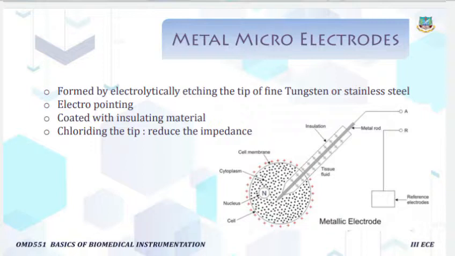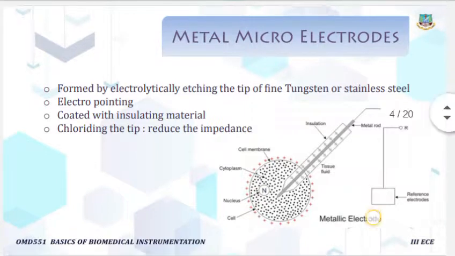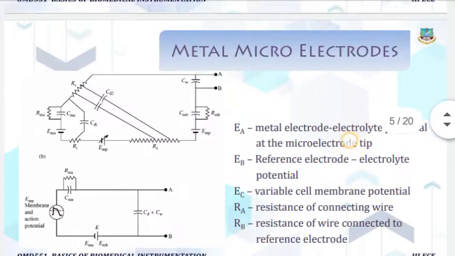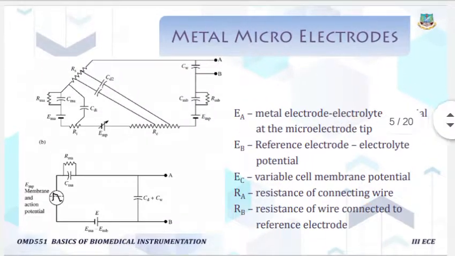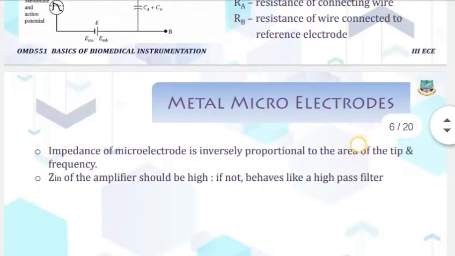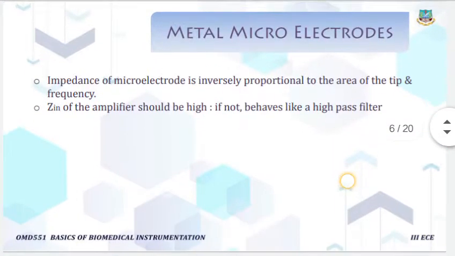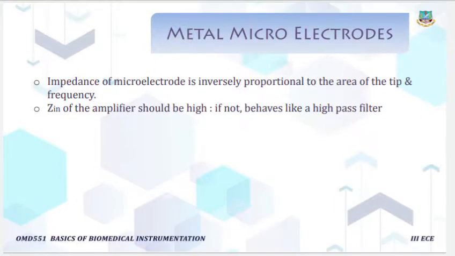To reduce the impedance, an electrolytic process called chloriding the tip takes place. This is the equivalent circuit of the metal microelectrode. The impedance of the metal microelectrode is inversely proportional to the area of the tip and frequency.